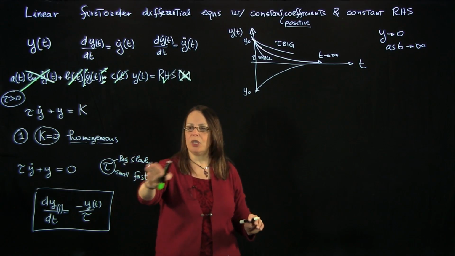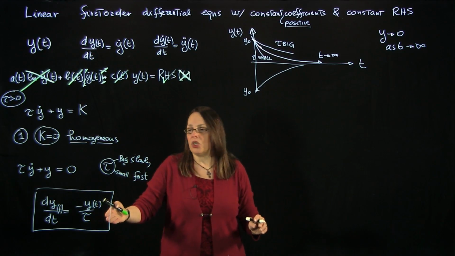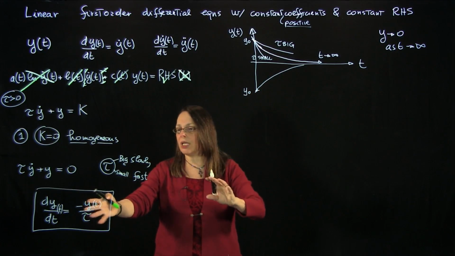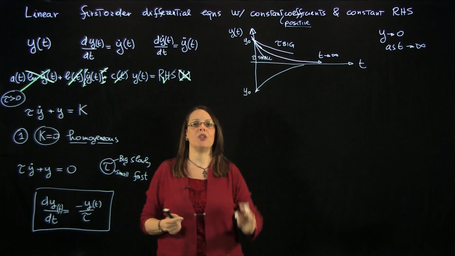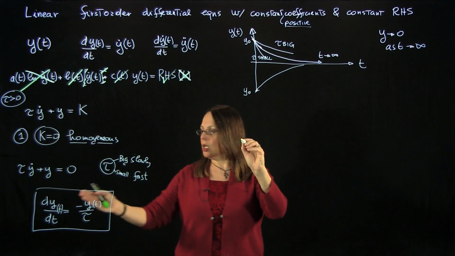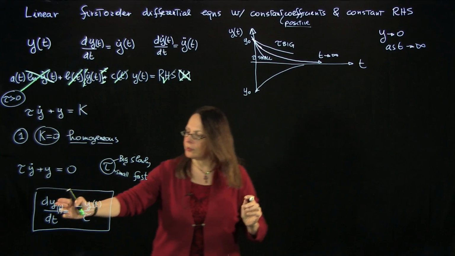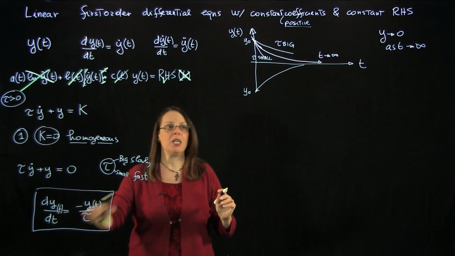Okay, so let's see now how this connects to the actual solution, because so far we didn't solve the differential equation. I just looked at it and figured out, based on what the differential equation is, what the function must do. But we can solve it. So how do we solve it? We say, okay, I start from here, and I bring y underneath, and I bring dt on top.